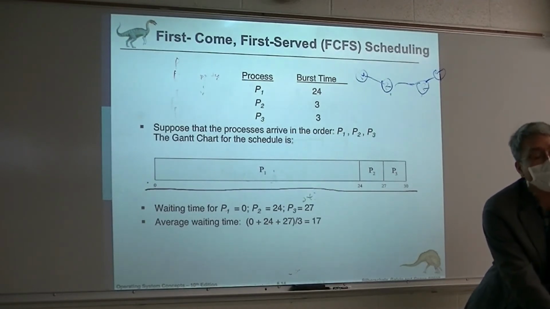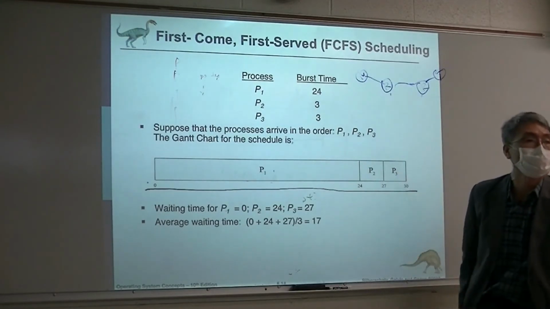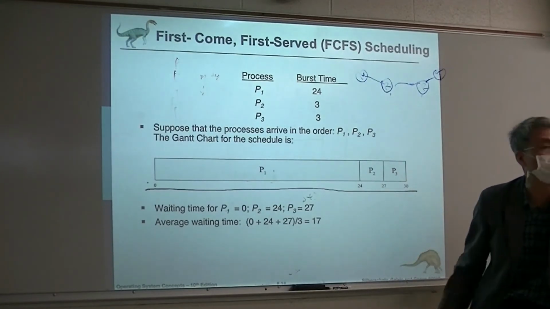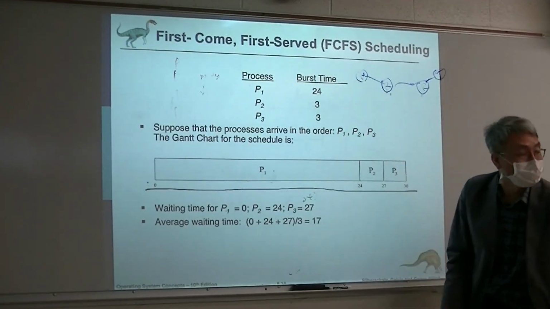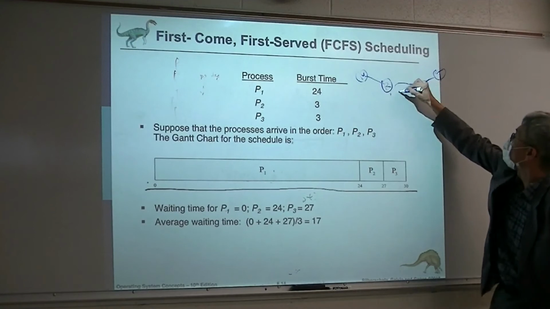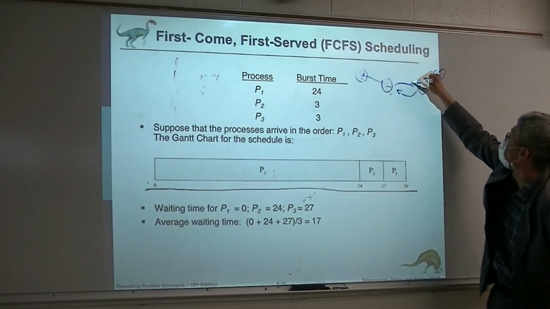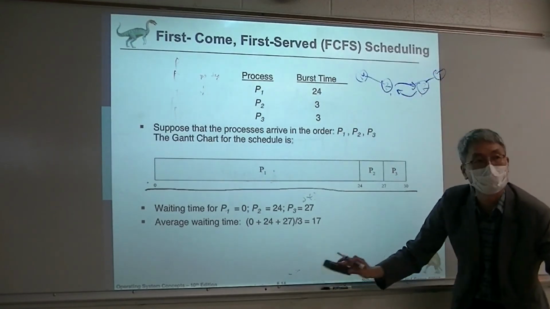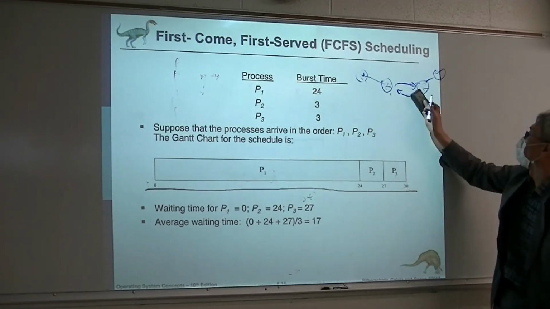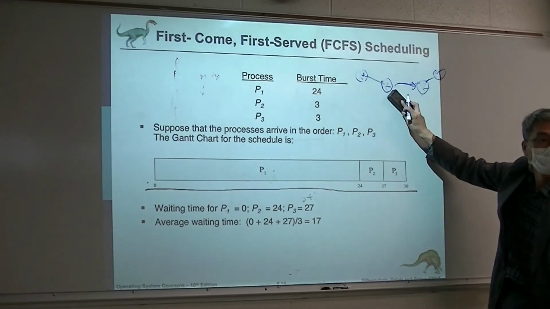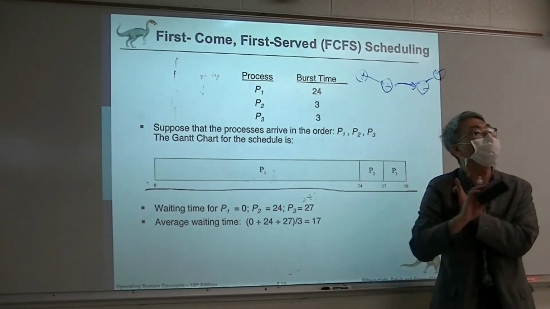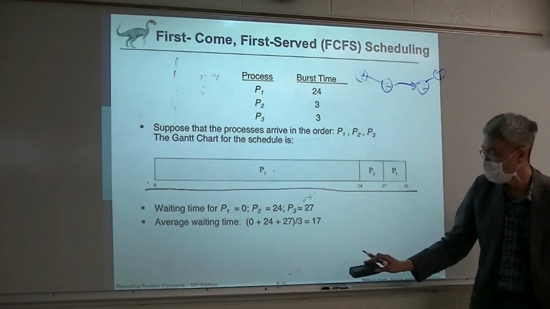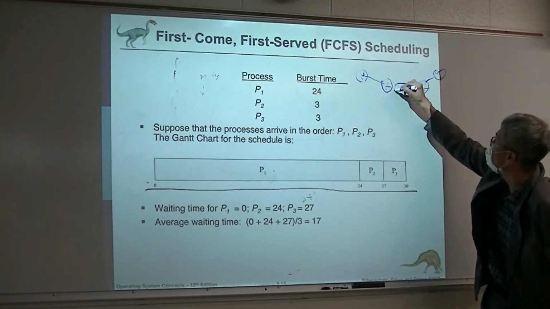In an advanced operating system course, you can consider I/O wait also, but you need more information. If this is non-preemptive, we don't need this. Non-preemptive means once started, it will be terminated. In the case of preemptive, it will go back.